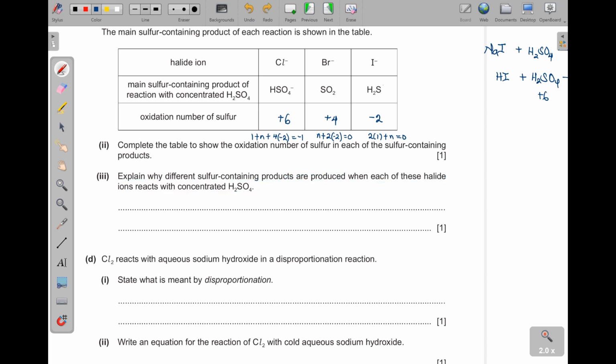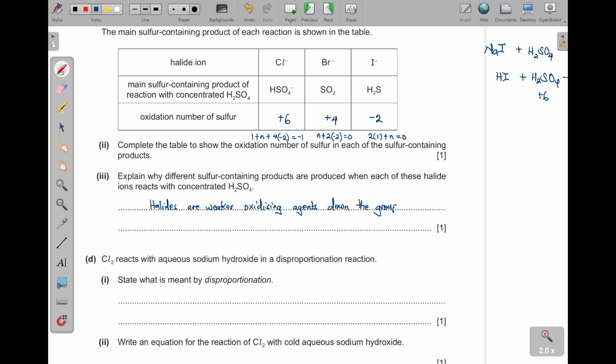So I will say halides are better reducing agents as you go down the group. They are oxidized. So halides are weaker oxidizing agents, in other words, down the group.